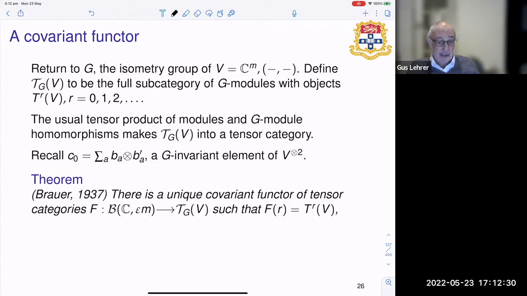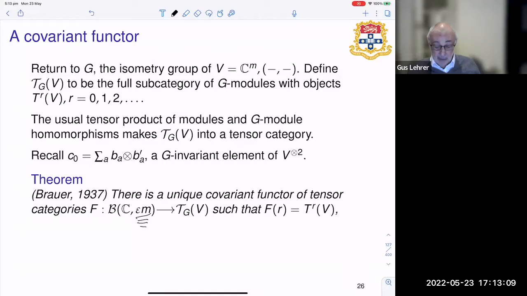He didn't exactly put it this way, but what he proved was equivalent to this: there is a unique covariant functor of tensor categories between the Brauer category over C with parameter epsilon m. You'll remember how that arose. It's epsilon times the dimension. Epsilon is +1 in the orthogonal case, -1 in the symplectic case.